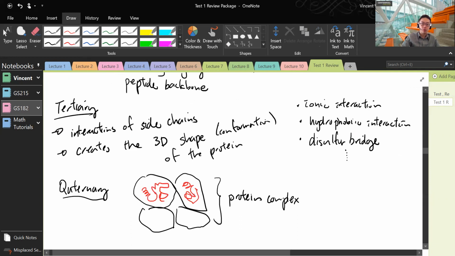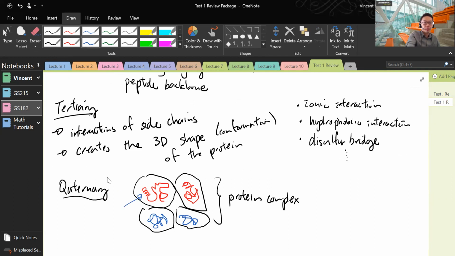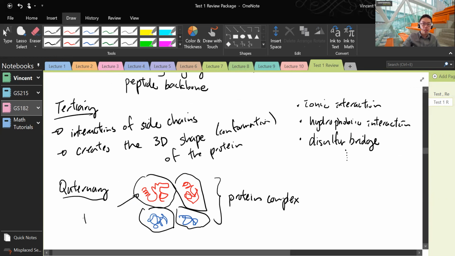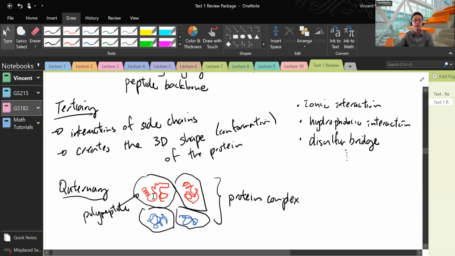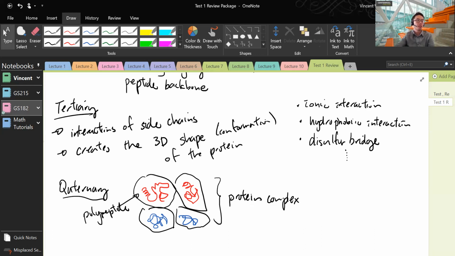Peptide number 2. Then peptide number 3, and then peptide number 4. Each of these are individual polypeptides. Okay, there you have it. And these are stabilized by the interaction between the polypeptides themselves.